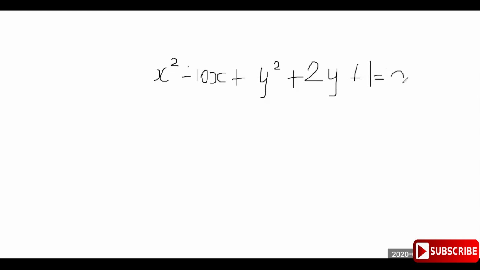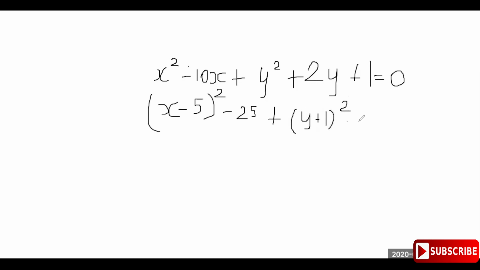You half it, so you get x minus 5 all squared, you subtract 25, and y plus 1 all squared, and then you subtract 1 and add back what you subtracted.